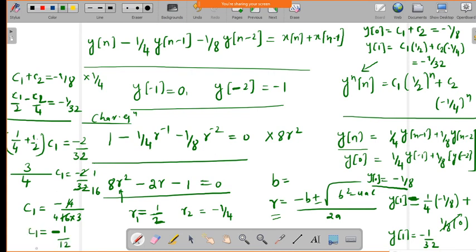Are you getting C1? Yes, sir. Minus 1 by 12, and C2 you find out, minus 1 by 24. So now put the values of C1 and C2, you will get the natural response equation.